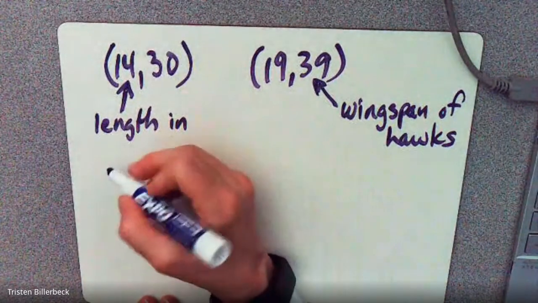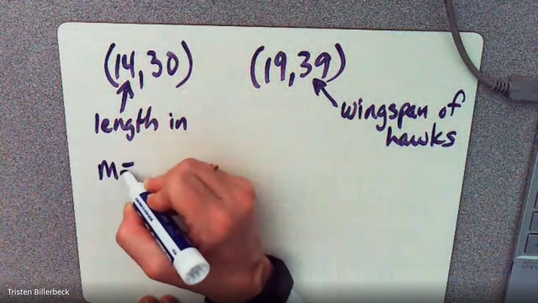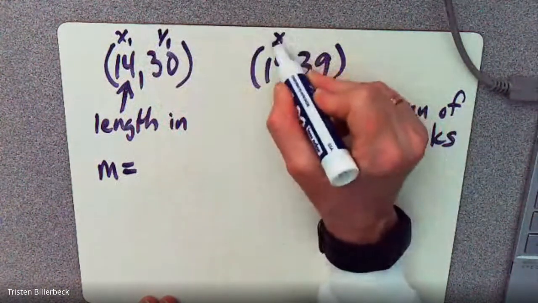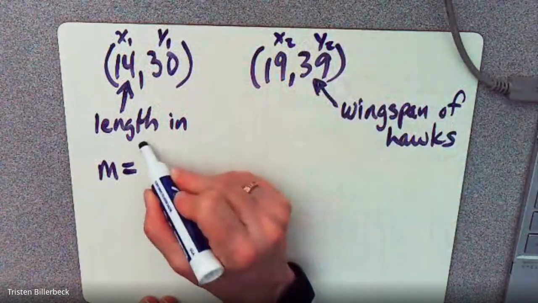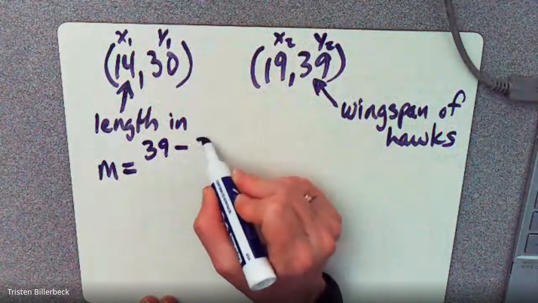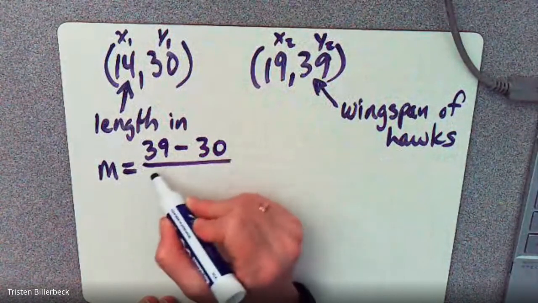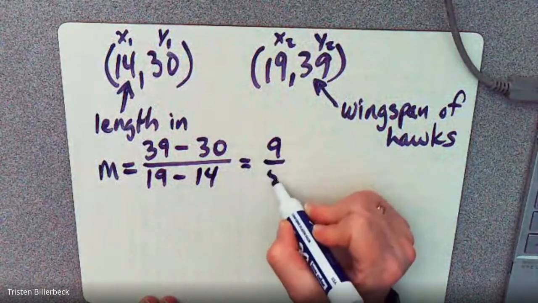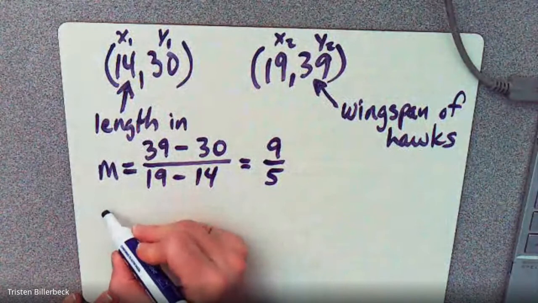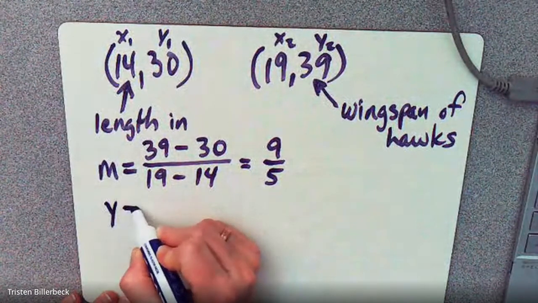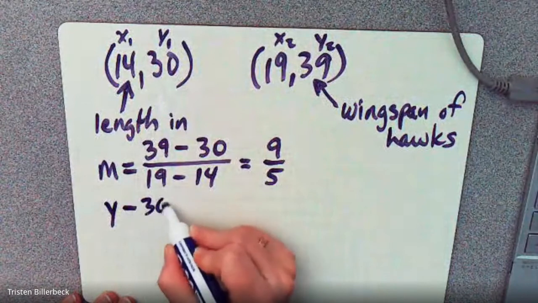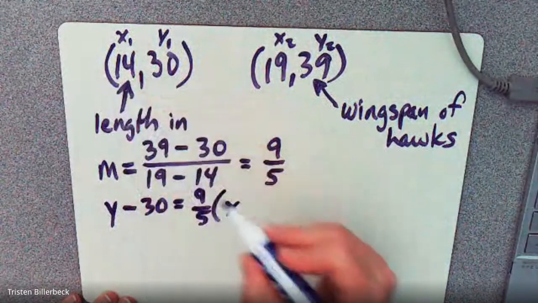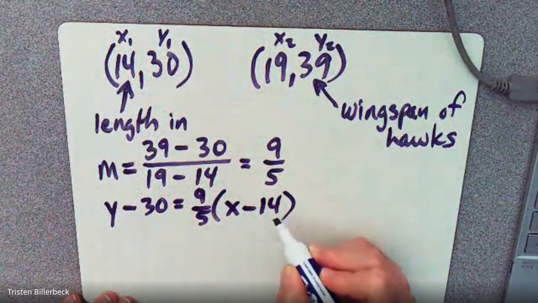All right, so first we're going to get the slope. And again, we're going to do the x1, y1, x2, y2. So we have 39 minus 30 over 19 minus 14, which gives us 9 over 5. So that's our slope. So then we put it into point slope, y minus y1, which is 30, equals 9/5 times x minus x1, which is 14.